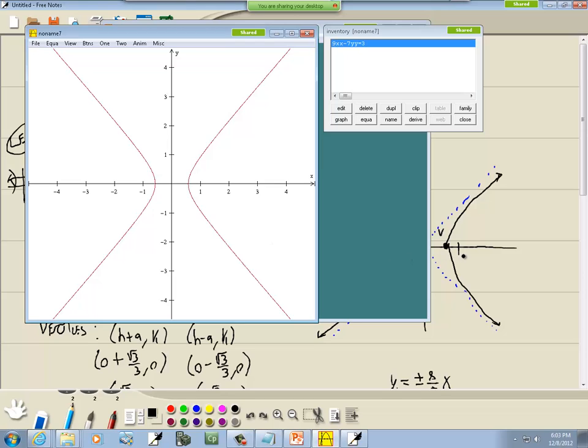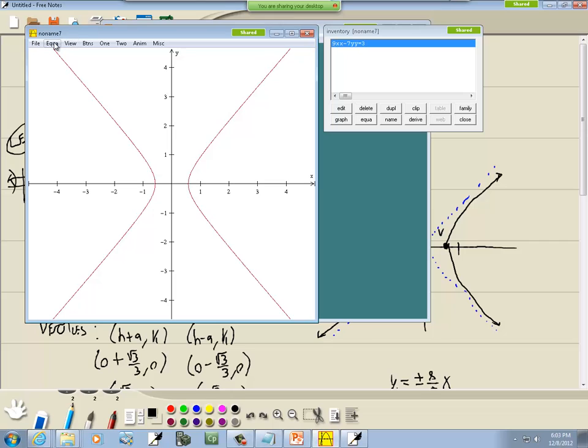Okay, that should look like my sketch there. That's about as good as I'm going to get doing that. And then our true graph is going to be that rotated 45 degrees.